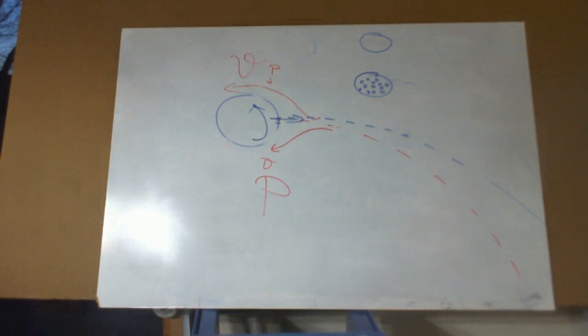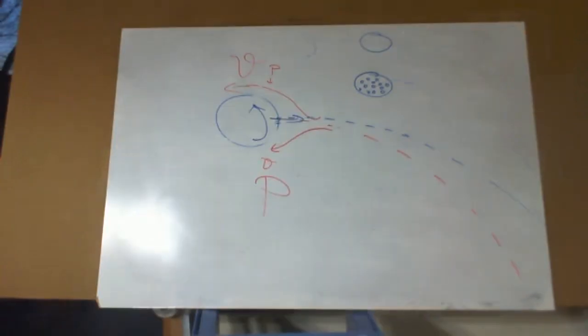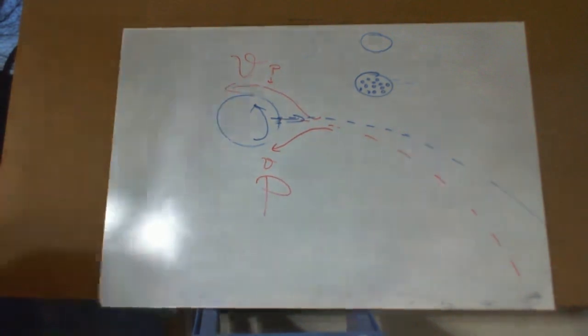A solid ball with a volume of 0.4 cubic meters is made up of a material with a density of 3,000 kilograms per cubic meter. What is the mass of the ball? So see if you can do this.